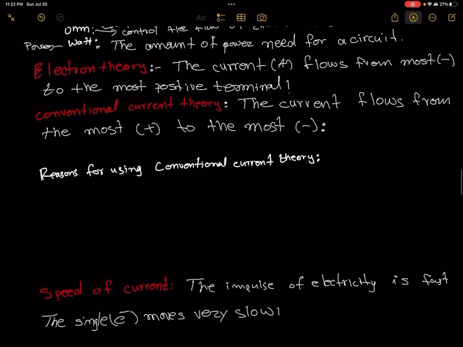One reason is that we usually tie the negative terminal to the ground, to the common side, or grounded, so that leaves positive to be above the ground.